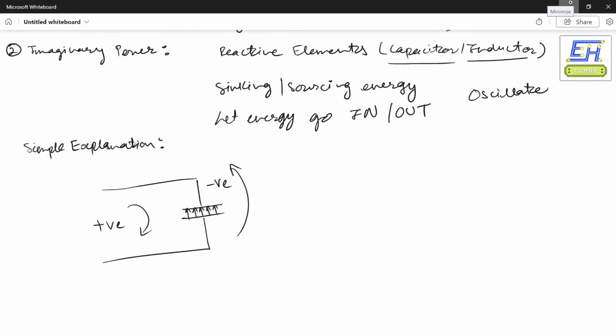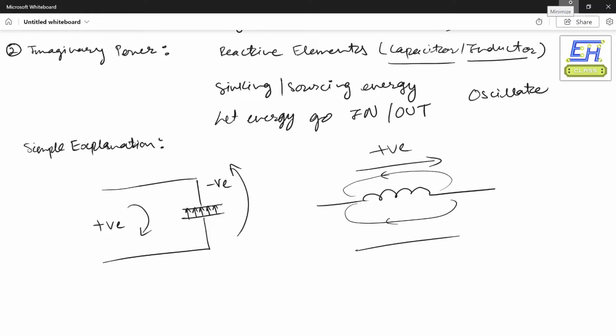And the same is the case with an inductor. When you have the positive cycle of the AC, the inductor will have a magnetic field in a certain direction, whatever the direction may be. I'm just drawing this. And you can also have the magnetic field in the opposite direction during the negative cycle, when you're powering the inductor in opposite polarity.